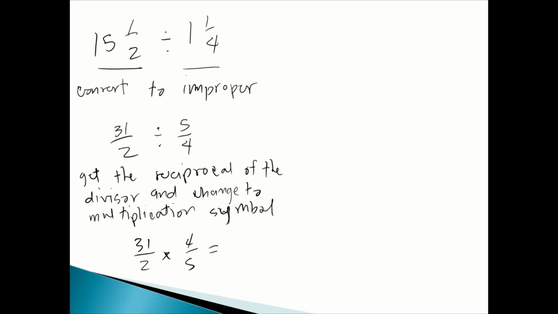And then we solve that. That's equal to 31 times 4, that is 125, over 2 times 5, that is 10. And then we are going to express our improper fraction as a mixed number. But let us look first at 125 over 10. Can we reduce that one?